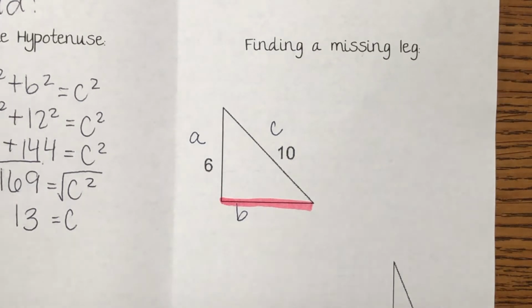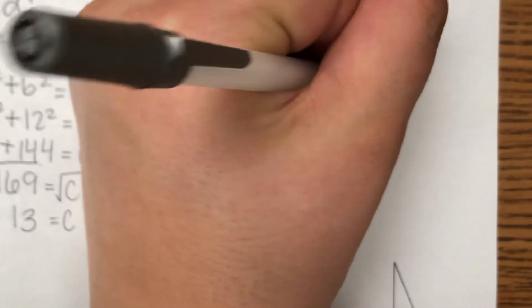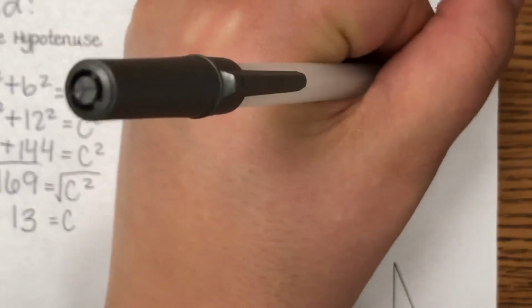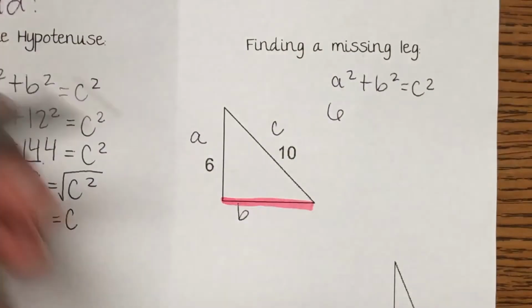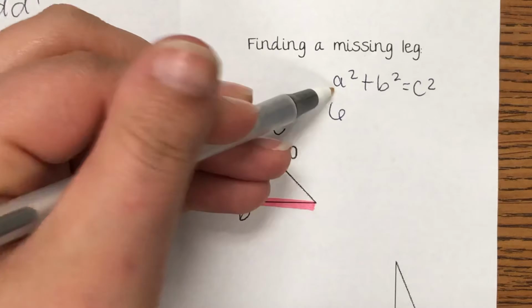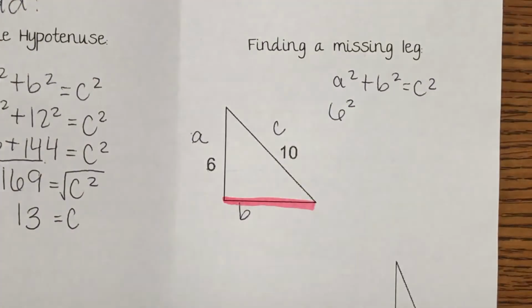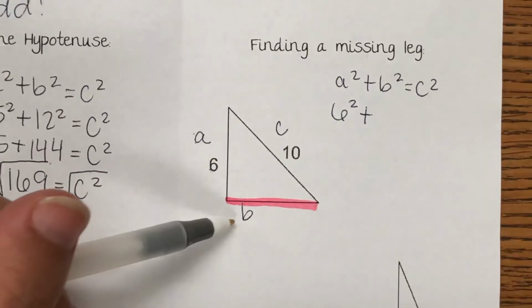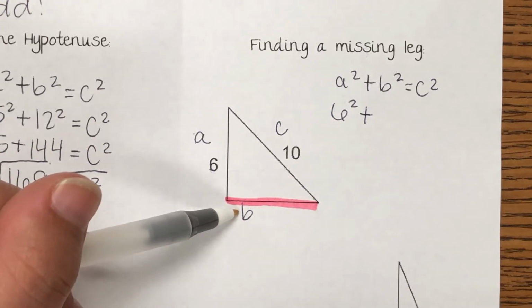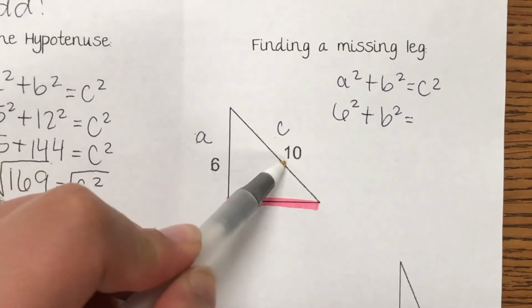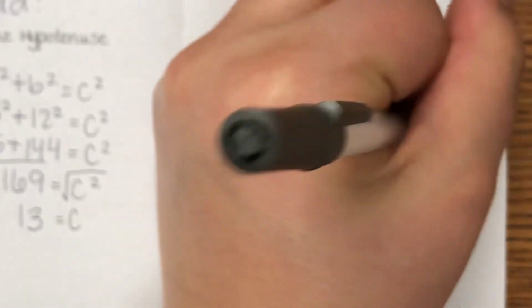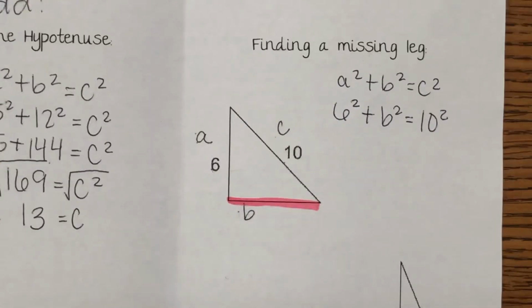I'm still using my Pythagorean theorem, so I have a squared plus b squared equals c squared. My a is 6, so I'm going to substitute 6 for my a in my Pythagorean theorem and squared, plus b squared. I don't have a value for b, so I'm going to leave it b squared, and that equals c squared. I'm going to substitute 10 for c, so I have 10 squared.